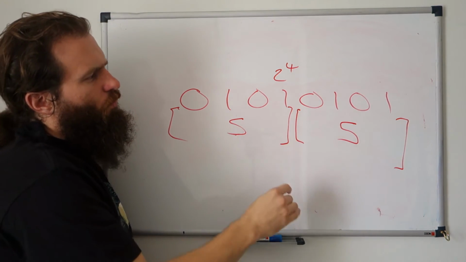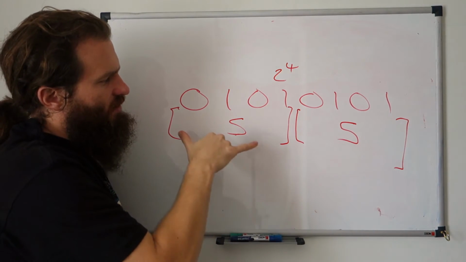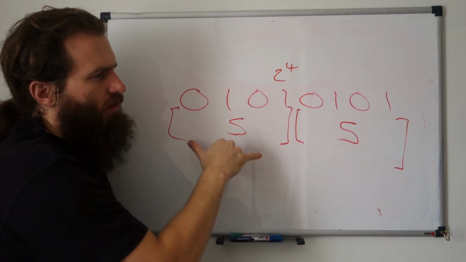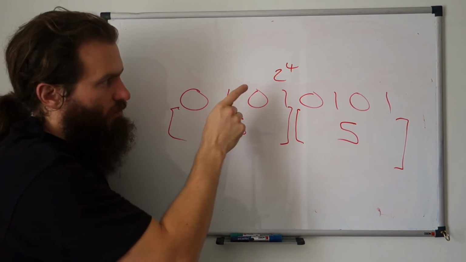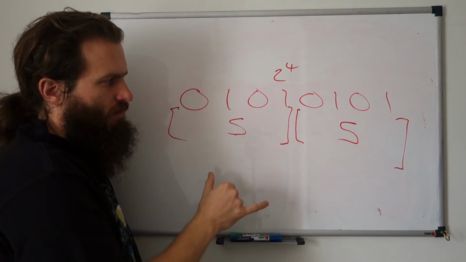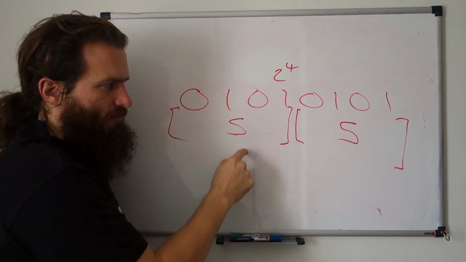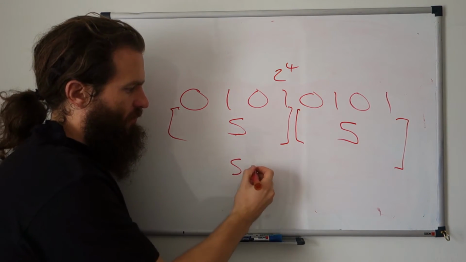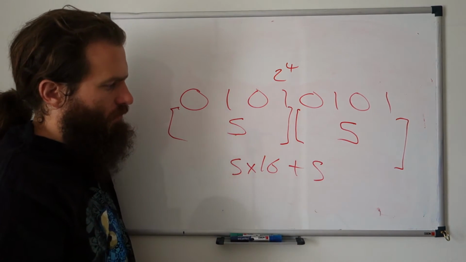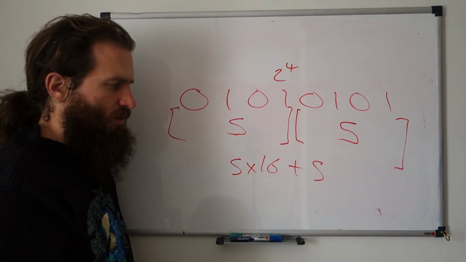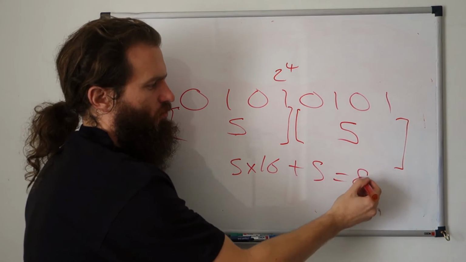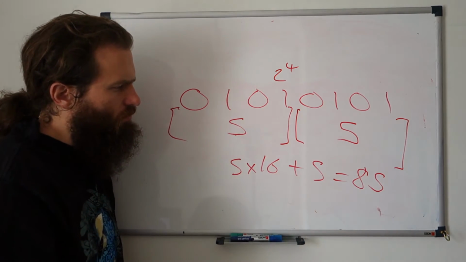So we know that essentially each count in this block is 1 times 2 to the 4. 2 to the 4 is 16. So we actually have 5 times 16 plus 5. 5 times 16 is 80, plus 5 is 85, which is what we worked out before.